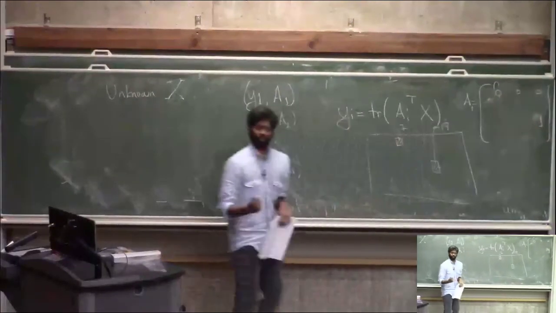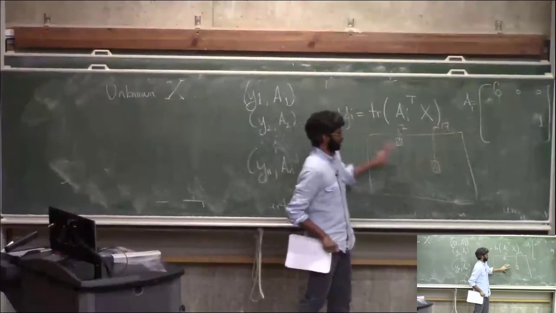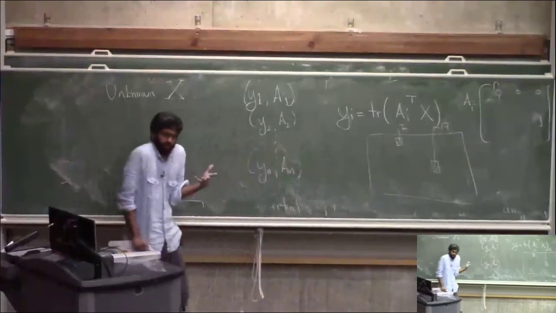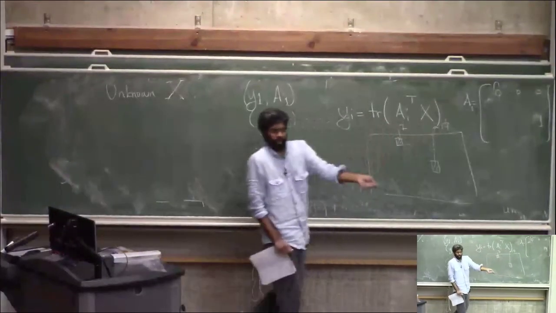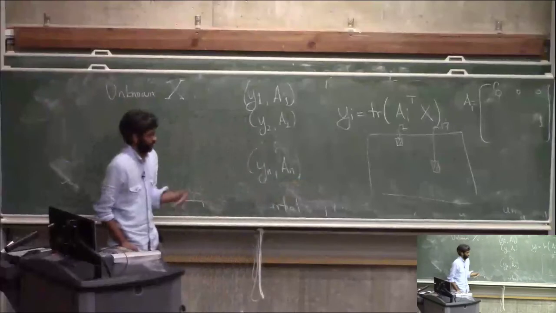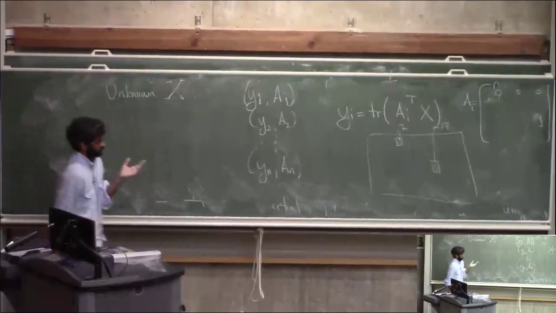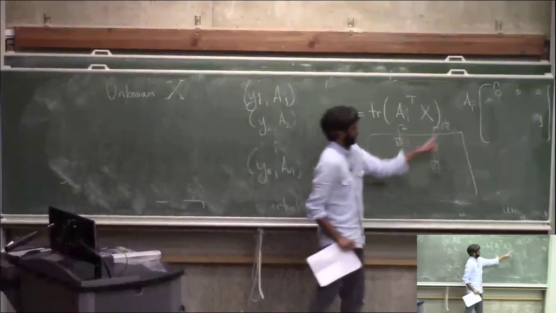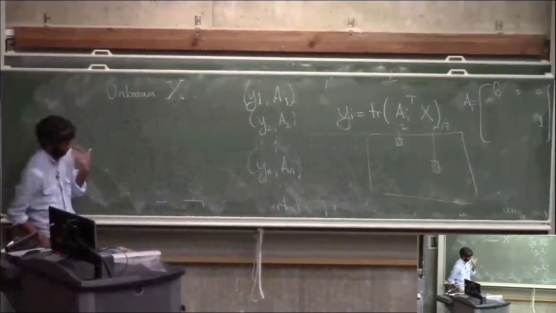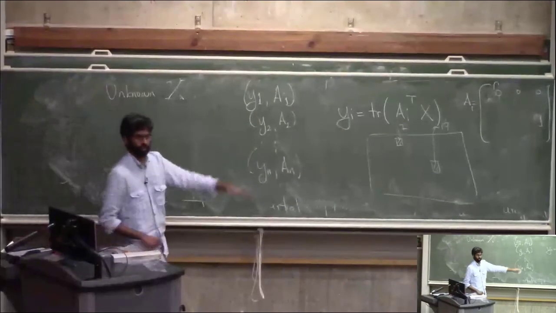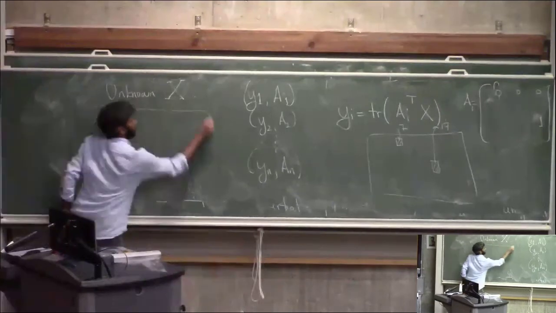That tells you which entry you're going to see. So if you think about that special case, you reduce this problem to matrix completion, but otherwise you can think of it as I'm taking some linear snapshot of the matrix, and I'm telling you what that value is, for a whole bunch of different linear snapshots. So matrix completion says, given all these numbers, now I'd like you to fill in the rest of the matrix. There are many ways to fill in a matrix like that. So you say, okay, I want a completion that has low rank.